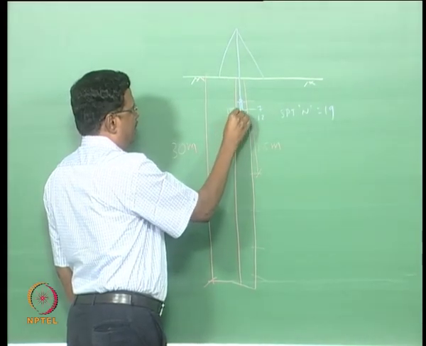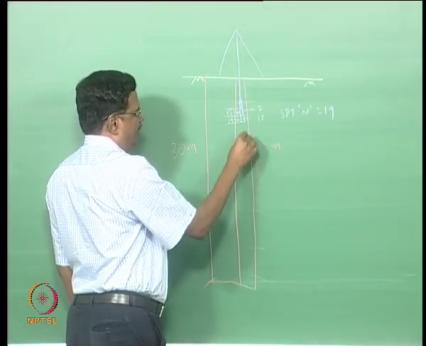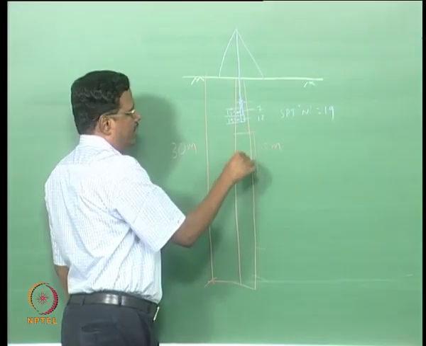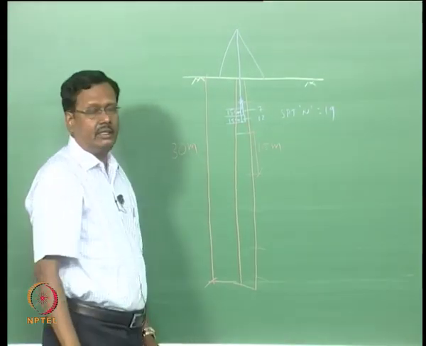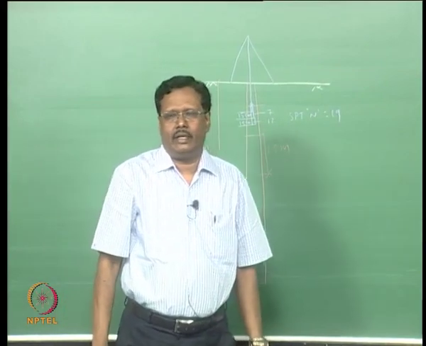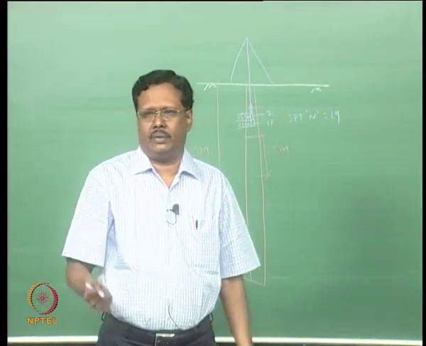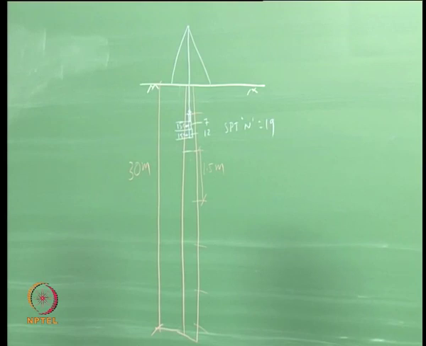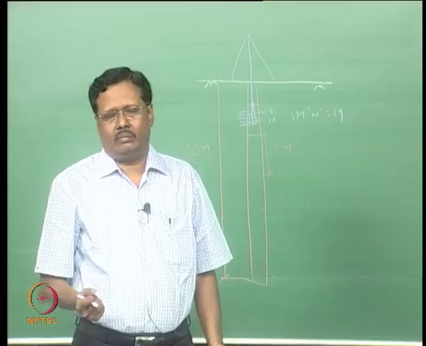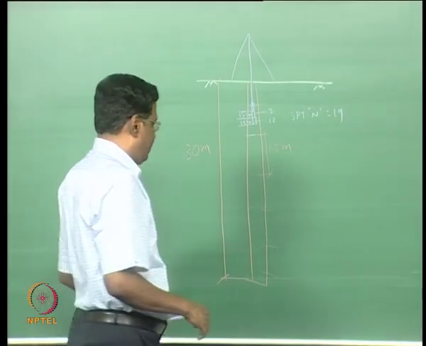Then they bore up to the next point, conduct the test there, and continue like that. They do other tests also, they take samples and do triaxial strength tests and many other studies, but mainly we rely on this SPT N test.